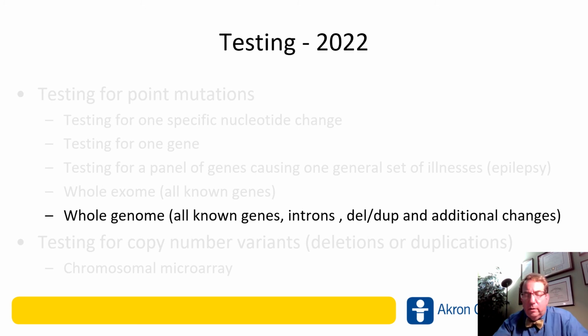Now, having said all this, we're very lucky at Akron Children's Hospital to now have a robust genetic service with lots of providers and genetic counselors that take care of not only Akron Children's Hospital, but the entire region, including adult hospitals. Not all hospitals have the type of genetic service that we have here at Akron Children's Hospital.